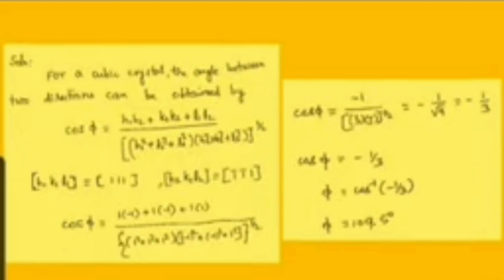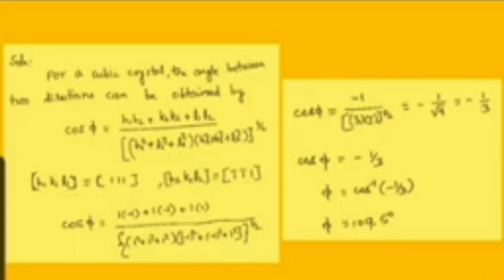For a cubic crystal, the angle between two directions can be obtained by this relation: cos phi is equal to h1 h2 plus k1 k2 plus l1 l2, divided by the root of (h1 square plus k1 square plus l1 square) into (h2 square plus k2 square plus l2 square).